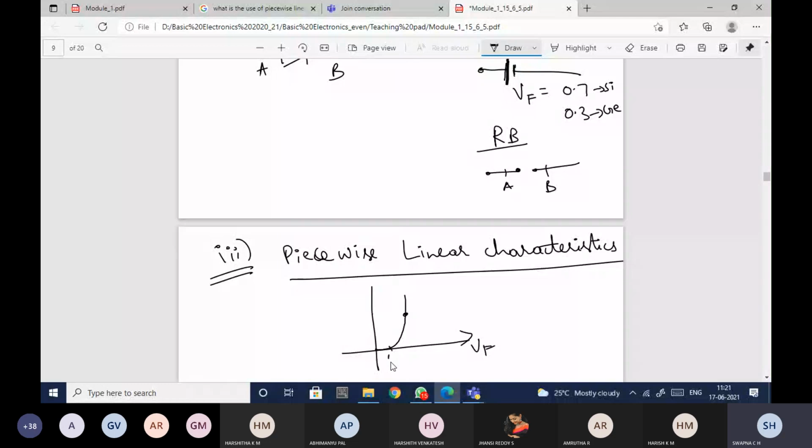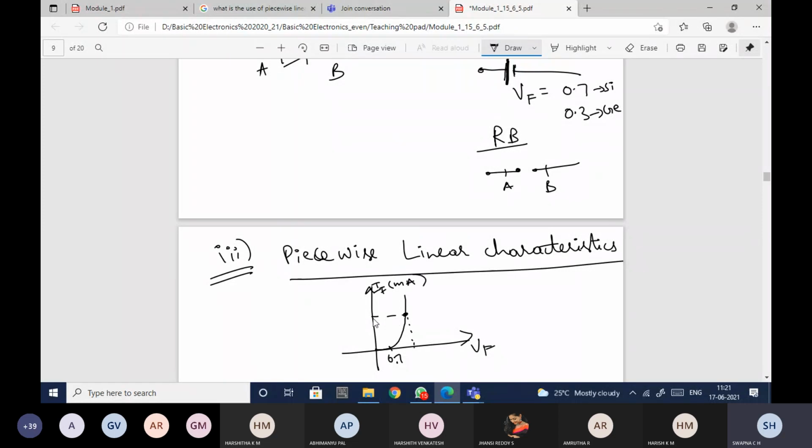It's made of silicon. Generally, silicon is more abundantly available on Earth, so that is the reason most of the diodes or transistors, whatever you take, are manufactured with silicon mostly. So let me consider it is a silicon diode, 0.7 here, and the current IF will be in milliamperes.